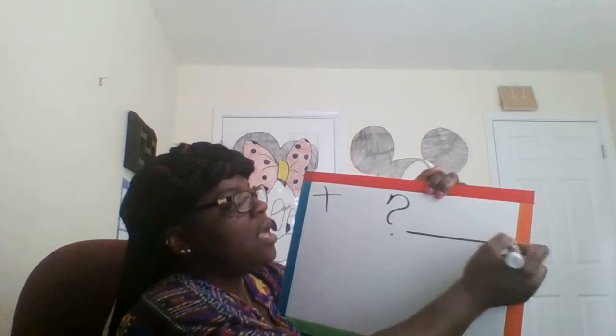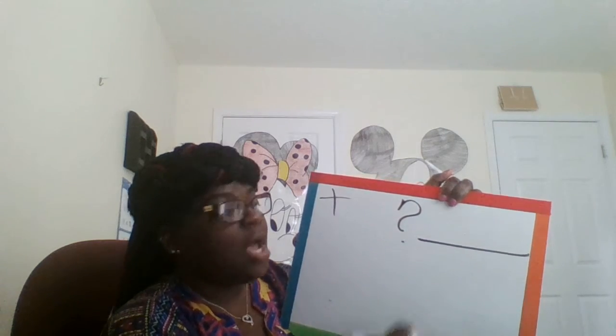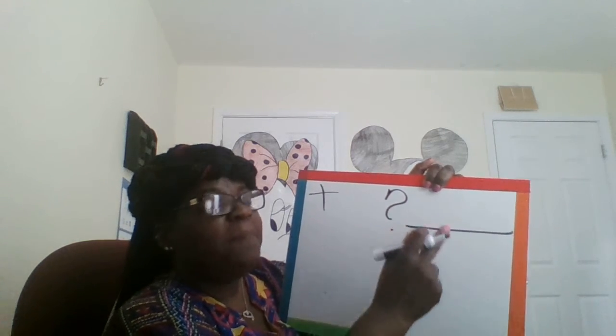What is the question? The question is asking how many passengers. You need to know how many passengers did he have all together. It says, how many passengers did the carriage driver take all together? Okay? So that's your question that you're trying to figure out.